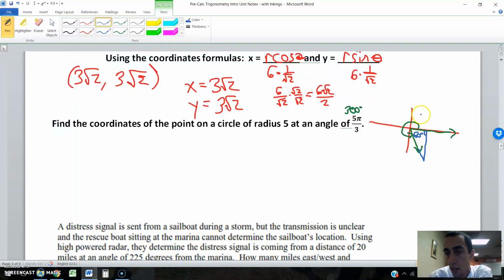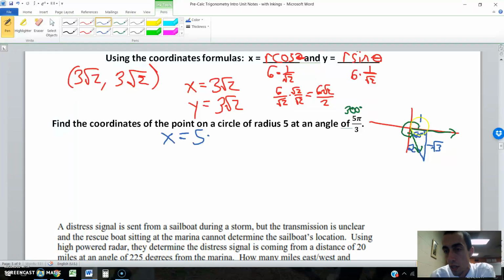with side lengths of 1, root 3, which will be negative because we're going down, and 2. Remember that the hypotenuse is always positive. So r times the cosine of theta is 5 times cosine.